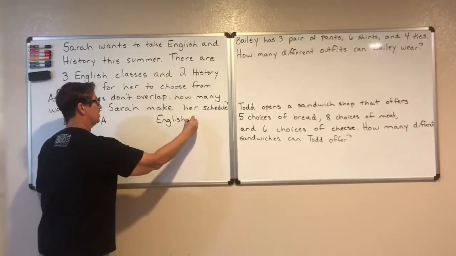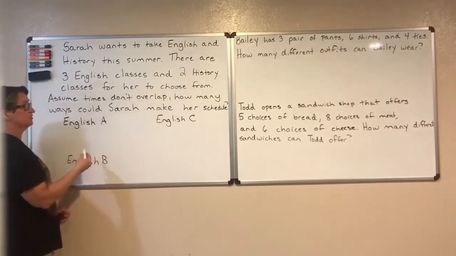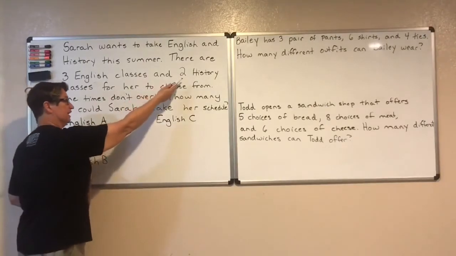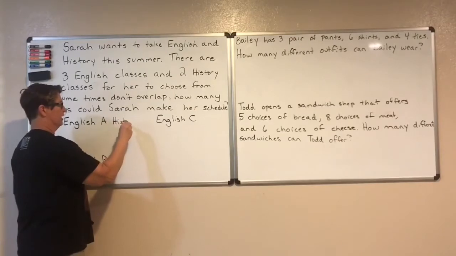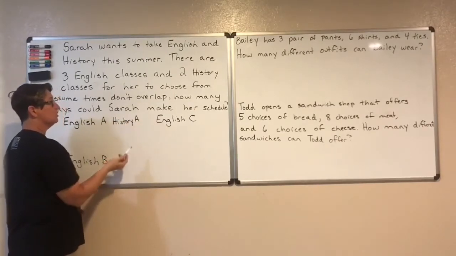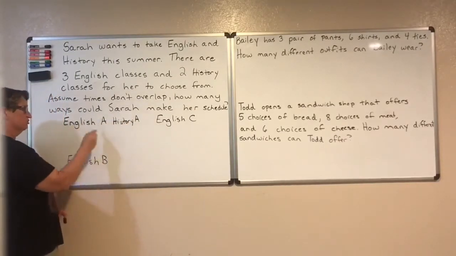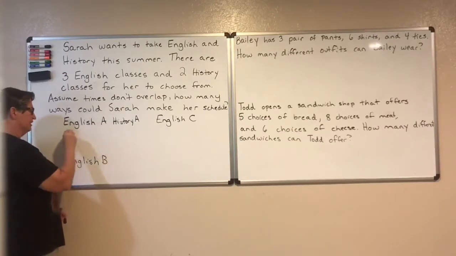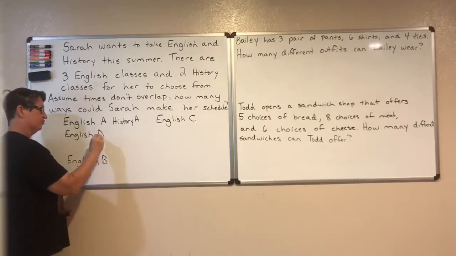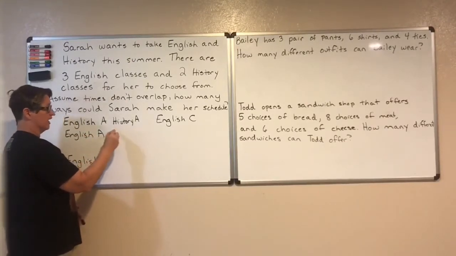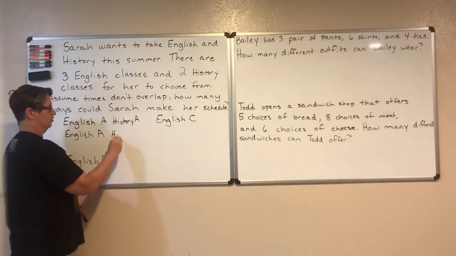And maybe with English A, she decides that she wants to take the first history, we'll call it History A. But she could also choose to take English A, and instead of History A, maybe she decides to take the other history class. We'll call that one History B.